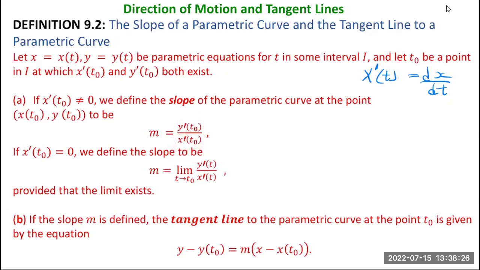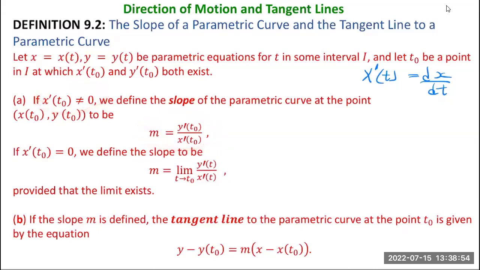So the slope of the parametric curve at this point is given by this equation. Usually we use the letter m for slope. This is valid when x prime of t naught is not equal to 0.